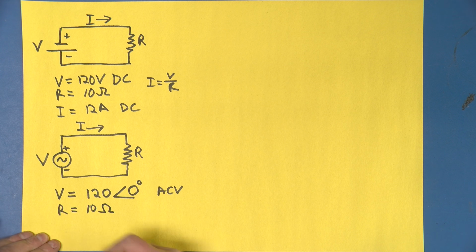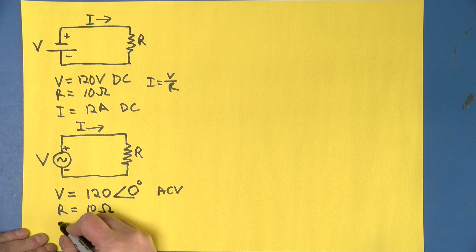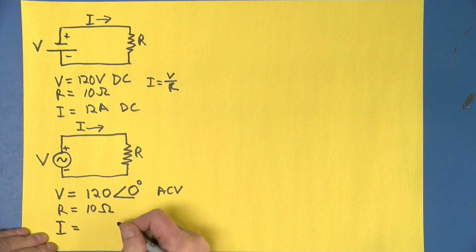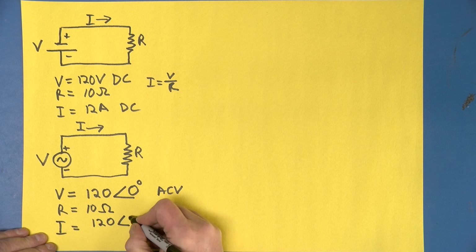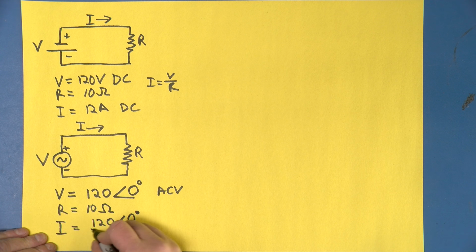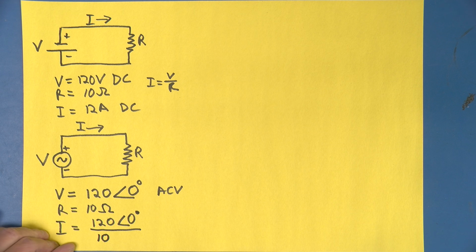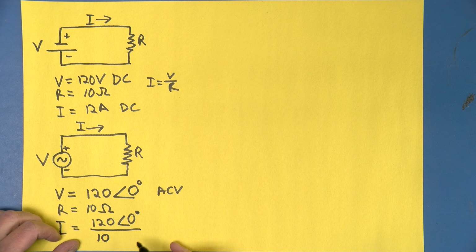And now we need the current, I, and I equals 120 angle 0 degrees divided by 10 ohms. We could even extend the 10 ohms to become an impedance that may have an angle of itself. Well, a pure resistance has no angle, so it's 0 degrees.